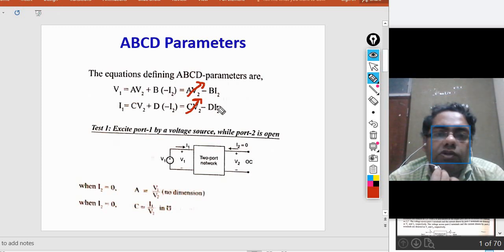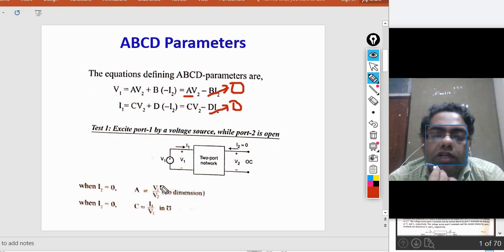Current doesn't flow because it is open circuited. So if I2 becomes 0, we can find A and C. A is V1 by V2, as shown here.